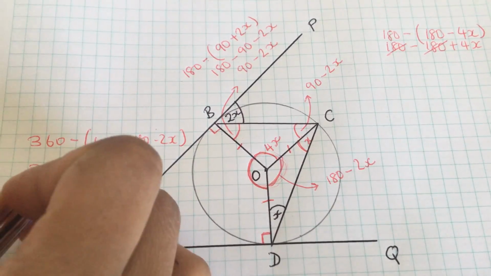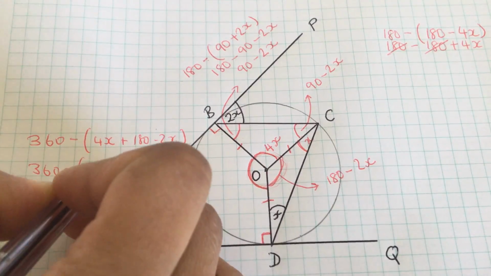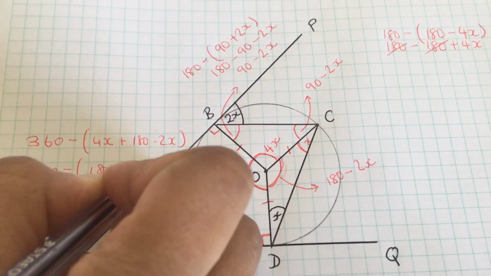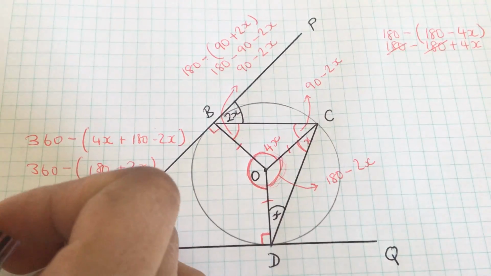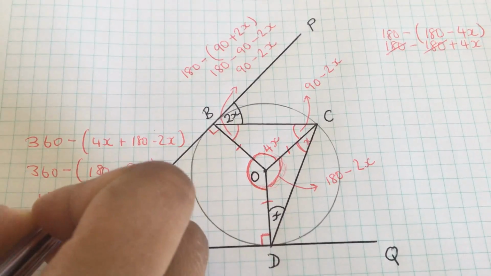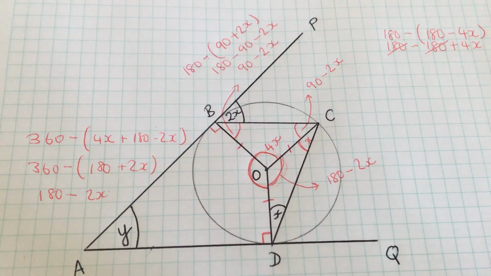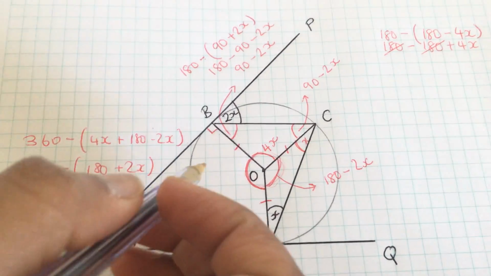And that's 360 take away (180 plus 2x), which is 180 take away 2x. So that's this angle here.